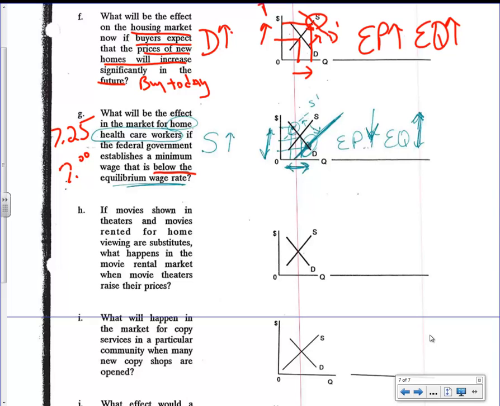So therefore, that's going to increase the supply because suppliers want to supply at cheaper wages. So we're going to take that supply curve and shift it to the right. Therefore, here we go with our new equilibrium. The equilibrium price goes down. The equilibrium quantity goes up.